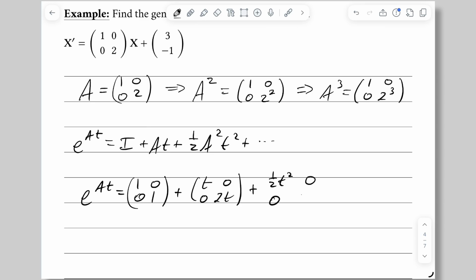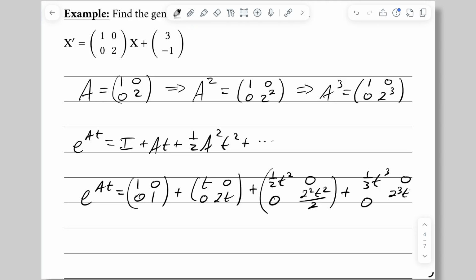I'm not going to reduce over here. I'm just going to write it down as 2 squared t squared over 2. And then move on to the next. 1/3 t cubed, 0, 0.